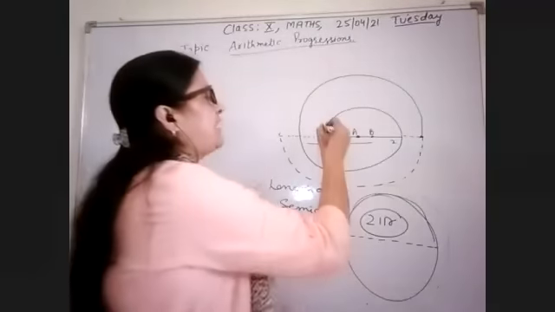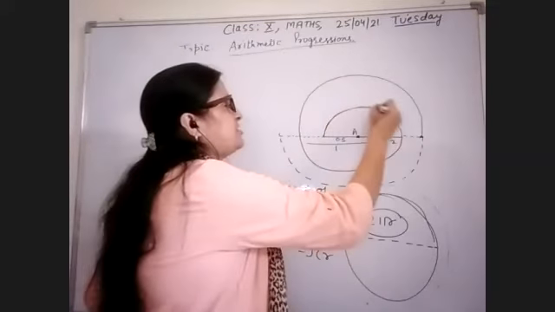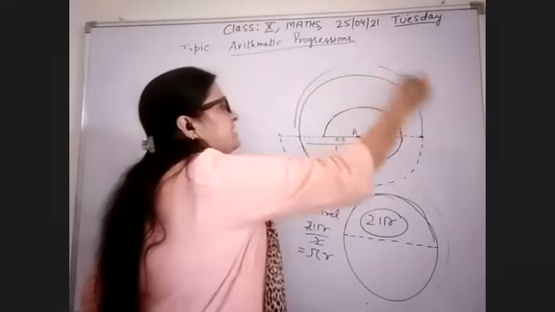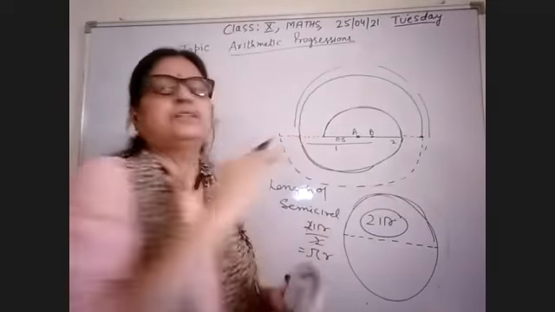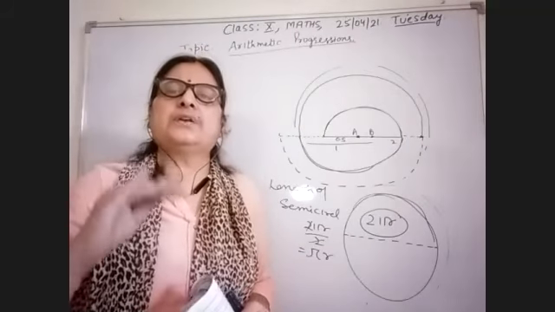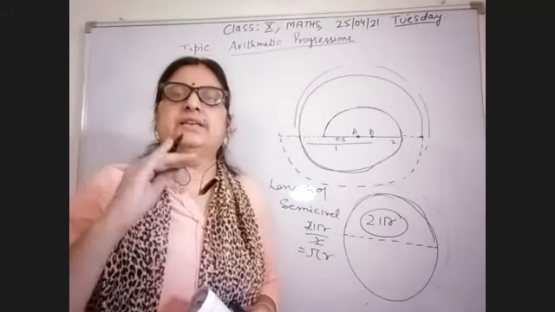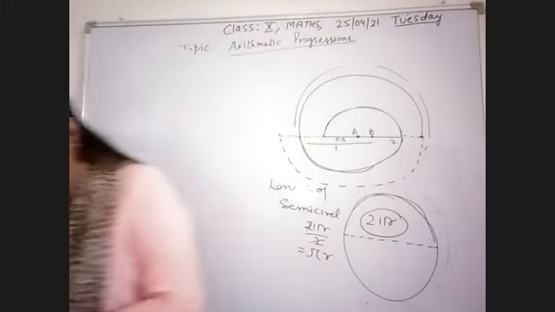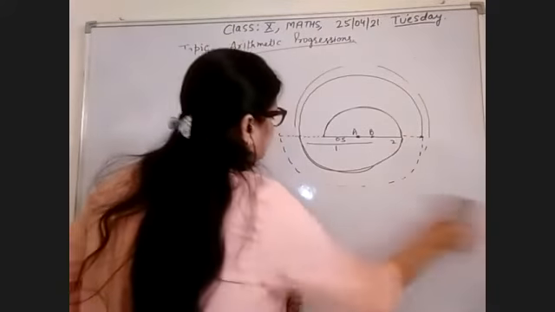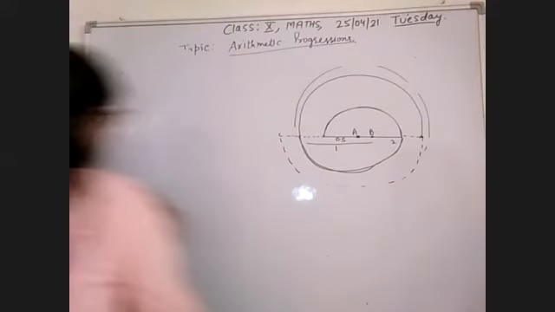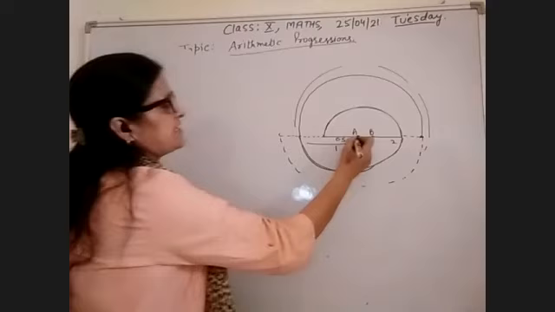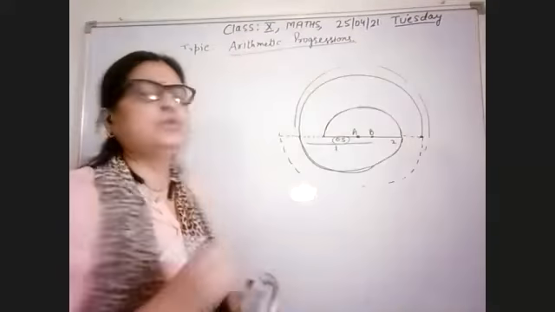Now in this question you have to find the total length. It means you have to measure this length, and again this length, and again this length. Total 13 times you have to measure the length of the spiral. Then how you will measure the length of this spiral? In the first case, the radius is given you 0.5 in the question.